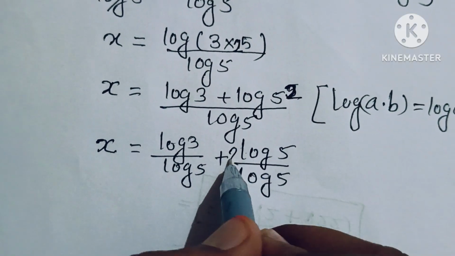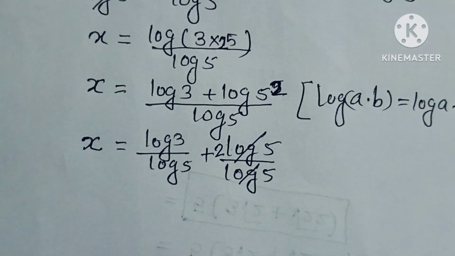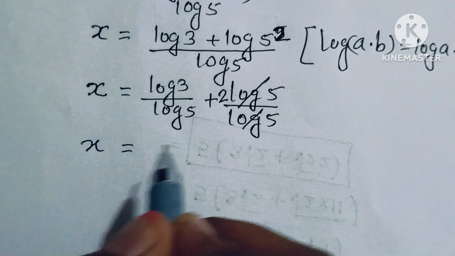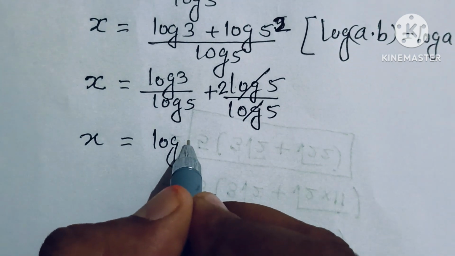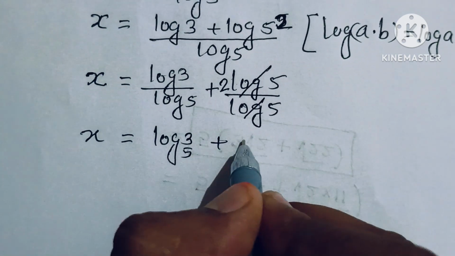Then here 2 will come. So log of 5 will be cancelled. X equal to log of 3 to the base 5 plus 2.